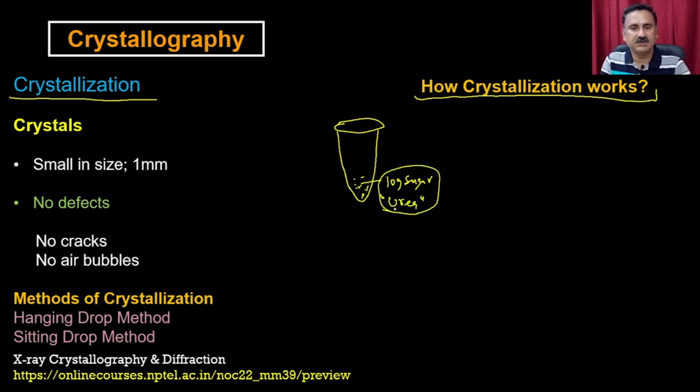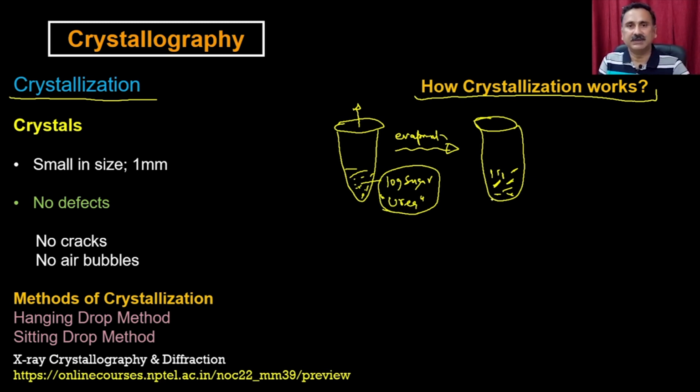So these are the solutions, right? You prepare the solution and let this glass remain open. After some time, all the water you have added is going to evaporate. After the evaporation, you will see spike-type crystals in the glass, and these are the crystals.